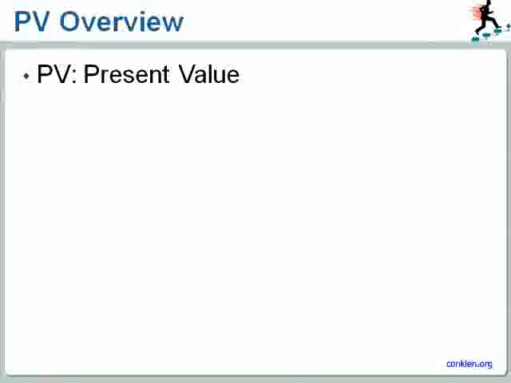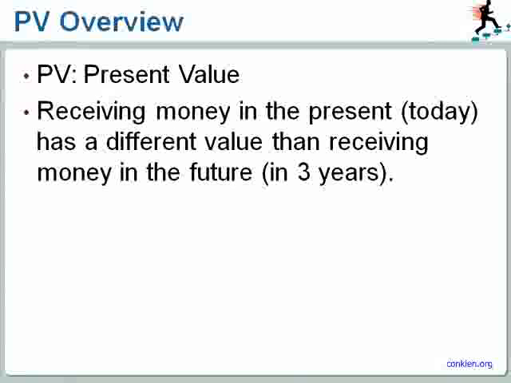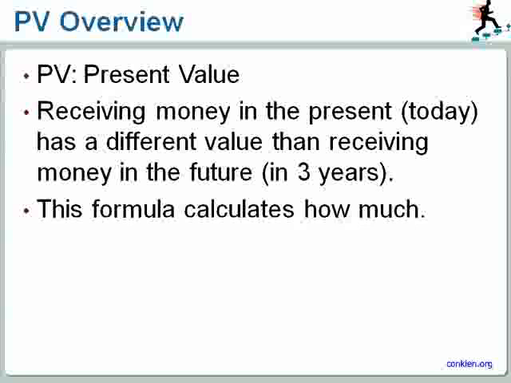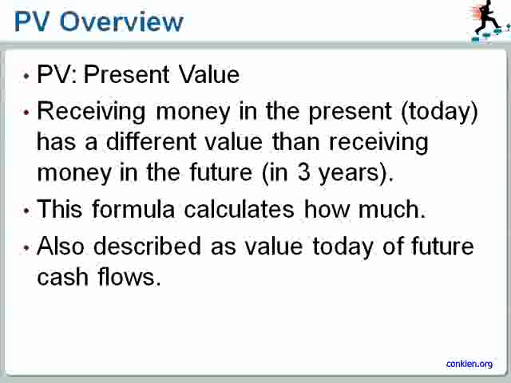PV is the present value, which means that receiving the money today instead of in 3 years has a different value, because in the meantime you could invest that money. The formula that I'm going to show you calculates how much less it would be worth today than it is worth in 3 years down the road. It is also described as the value today of future cash flows.